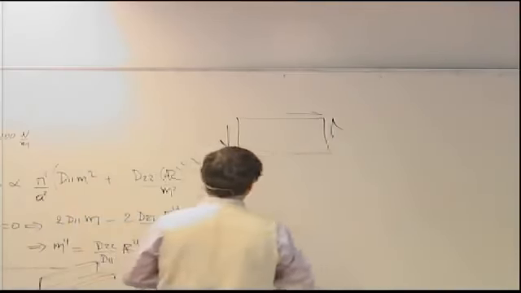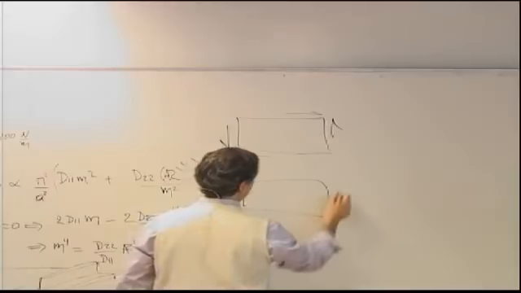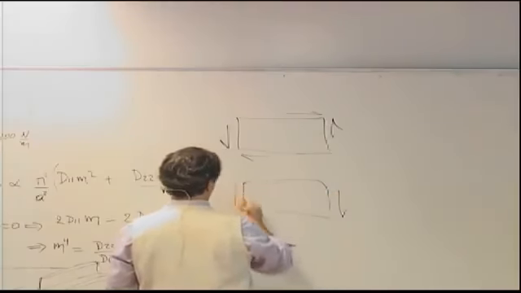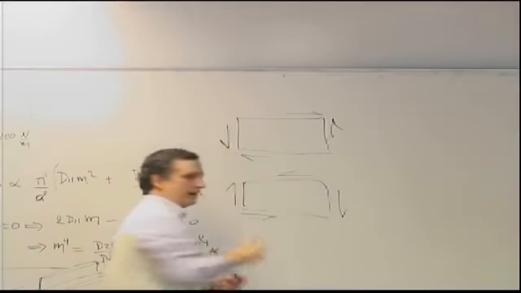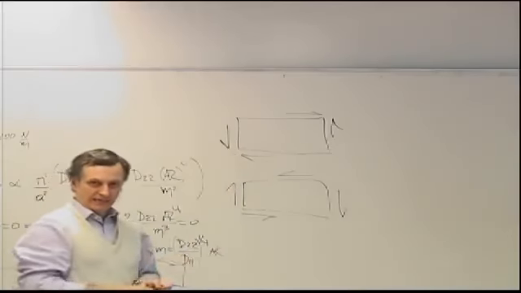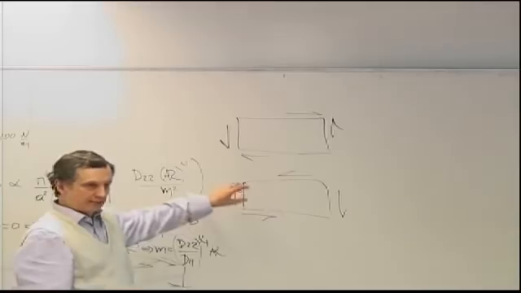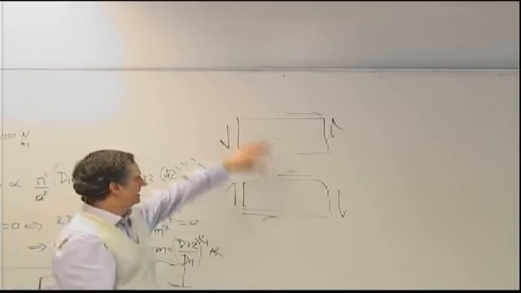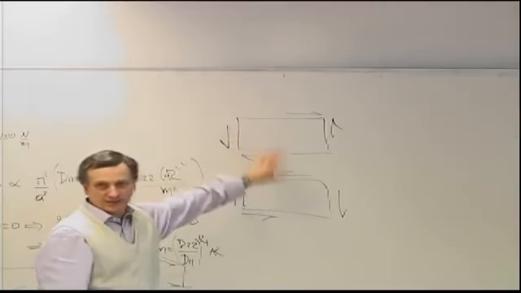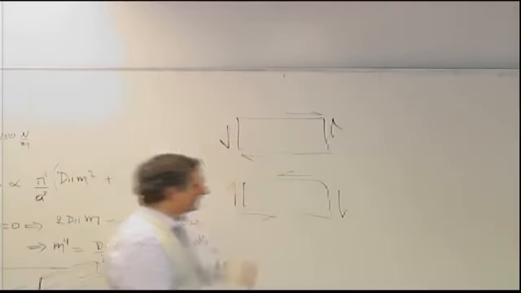Now if I change the orientation, I will find the exact same buckling load in absolute value. This is not the case if D16 and D26 are not 0. You will find that the positive or the negative ones don't have the same absolute value.